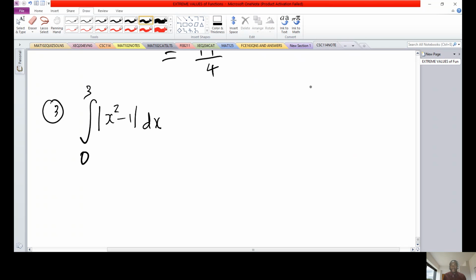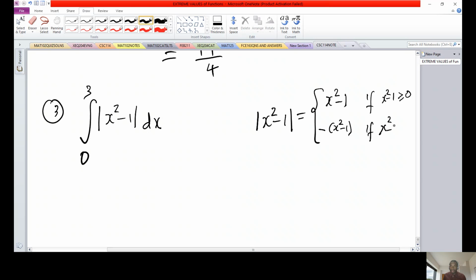So the first thing you just ask from the definition, the absolute value of x squared minus 1 will be given by x squared minus 1 the way it is, if the same value is greater than or equal to 0, and it's negative if x squared minus 1 is less than 0. So when you work out x squared minus 1 greater than or equal to 0, you see that x squared is greater than or equal to 1. So x is greater than or equal to 1.